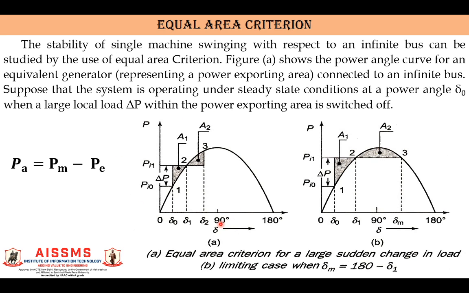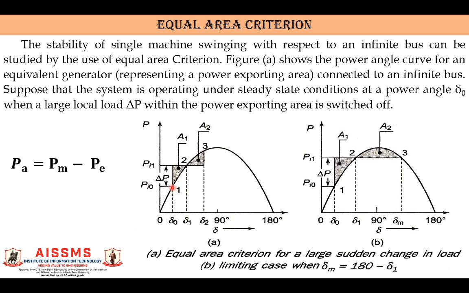In this first figure, let us say the system is operating at a steady state condition, the corresponding angle is delta 0 and the corresponding input power is PI 0.